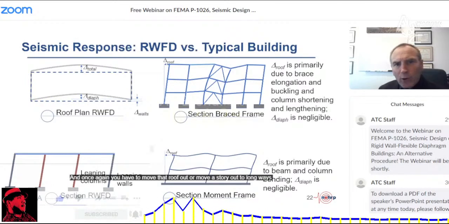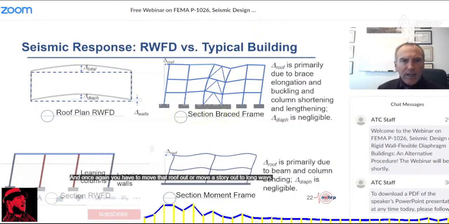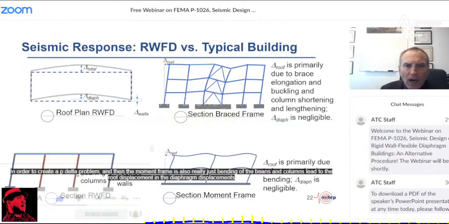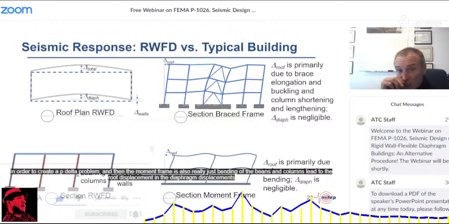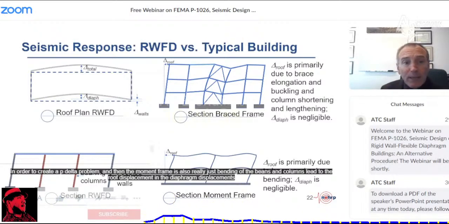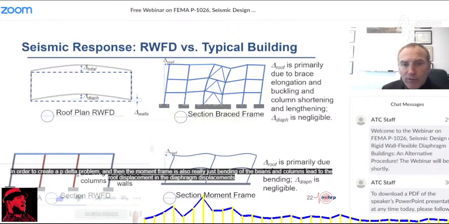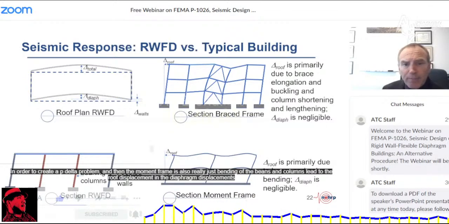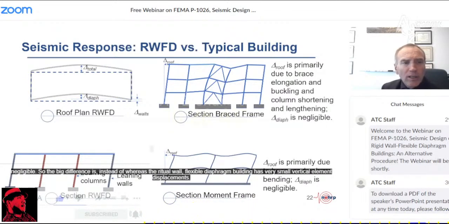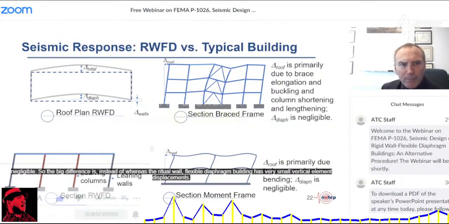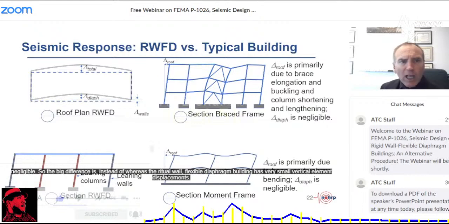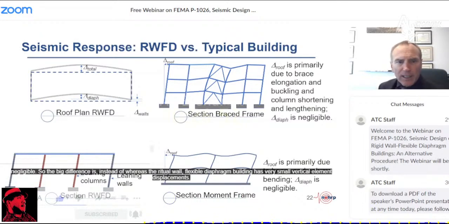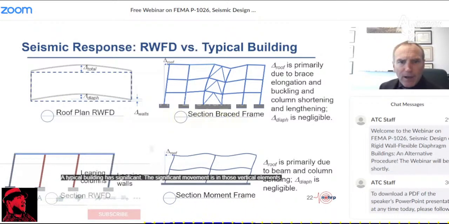And once again, you have to move that roof out or move a story out too far in order to create a P delta problem. And then the moment frame is also really just bending of the beams and columns lead to the roof displacement, and the diaphragm displacement's negligible. So the big difference is, whereas the rigid wall flexible diaphragm building has very small vertical element displacements, a typical building has significant movement in those vertical elements.